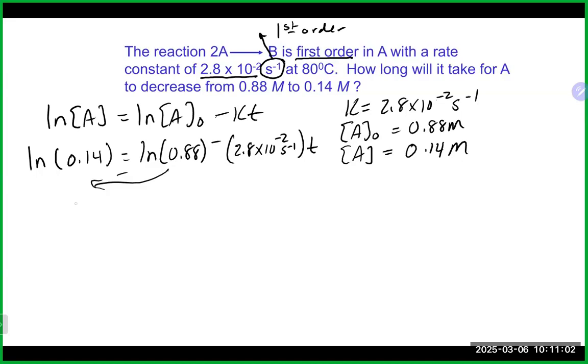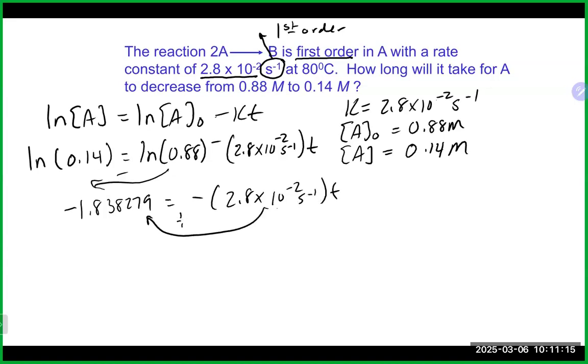And if you do that, I will then get minus 1.838279 equals negative 2.8 times 10 to the minus 2 reciprocal seconds and time. We're then going to divide that to the other side along with the negative as well. And that will yield us here, as we divide it, our seconds will pop to the top, and maybe a little 66 seconds in this particular case. Any questions on that there?